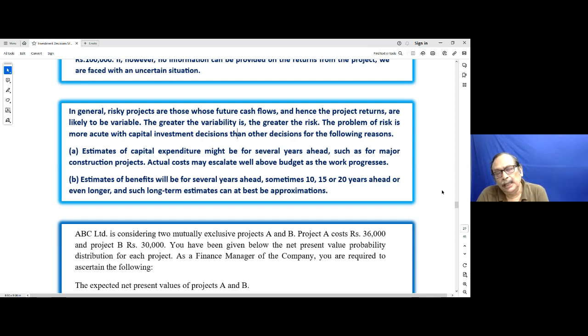Secondly, estimates of benefits will be for several years ahead, sometimes 10, 15 or 20 years ahead, or even longer, and such long-term estimates can at best be approximations. So these are the problems of risk in the context of capital budgeting decision.